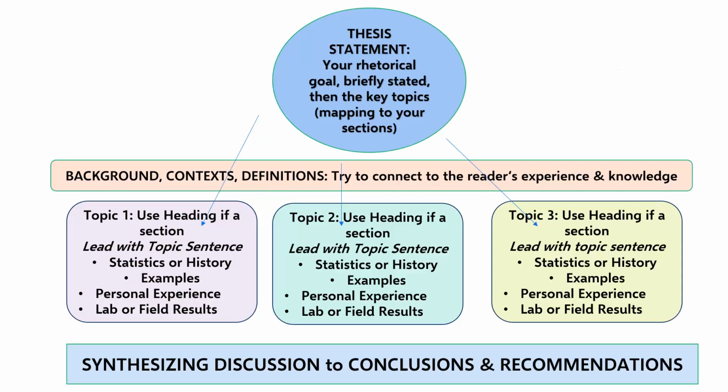So first of all, you have your thesis statement. What is your rhetorical goal? You'll put that first and foremost. And then after you have your rhetorical goal, you will list your key topics and map to your sections.